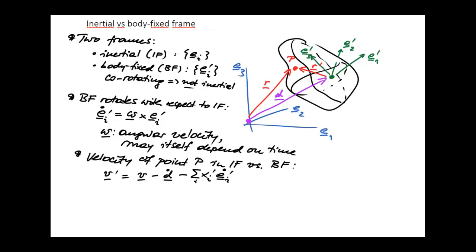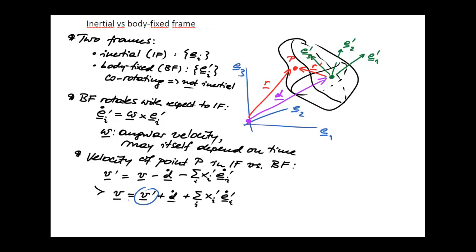Let's solve that equation for v, that is v prime plus d dot plus the sum over i of x_i prime e_i prime dot. What is v prime?